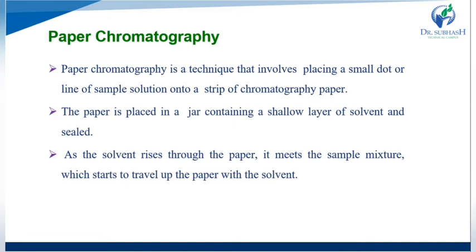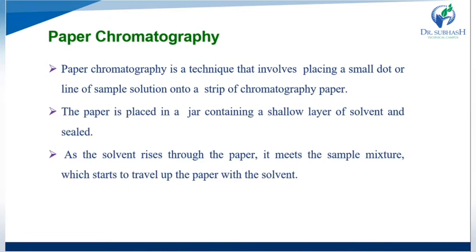The paper is placed in a jar containing a shallow layer of solvent and sealed. As the solvent rises through the paper, it meets the sample mixture, which starts to travel up the paper with the solvent.